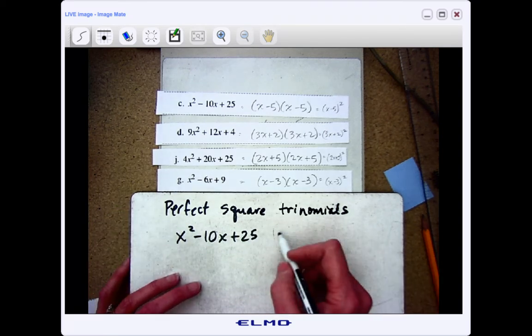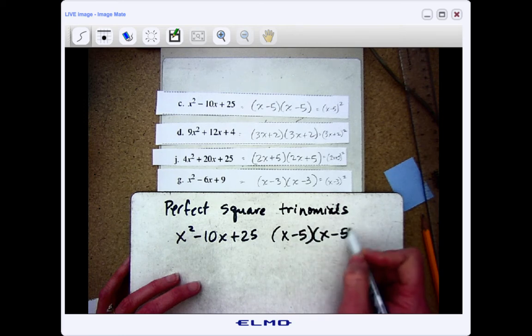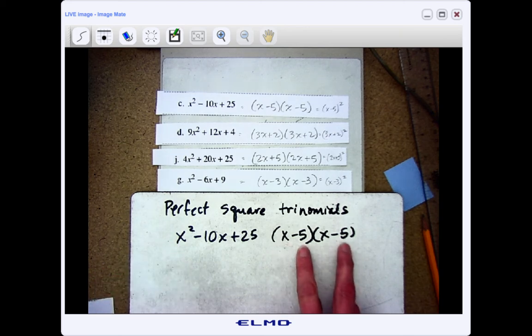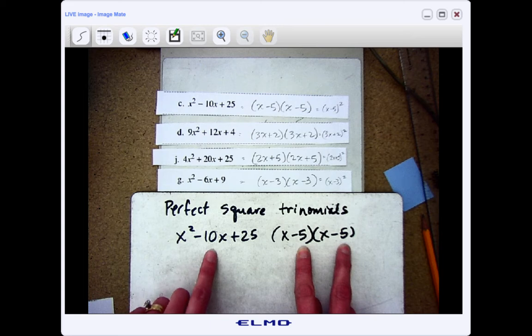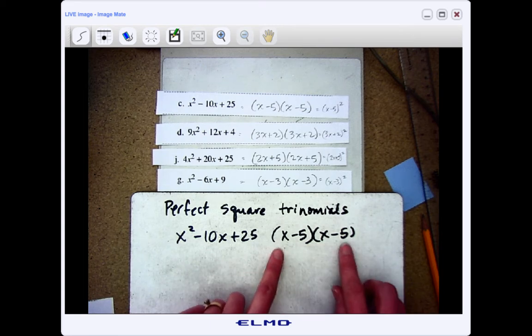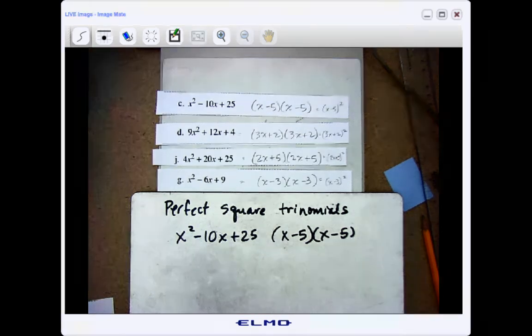That's x minus 5, x minus 5. The x's give us the x squared, and the minus 5 times minus 5 gives the 25. But where do we get the negative 10x from? Multiplying x times negative 5 and negative 5 times x make that middle term.